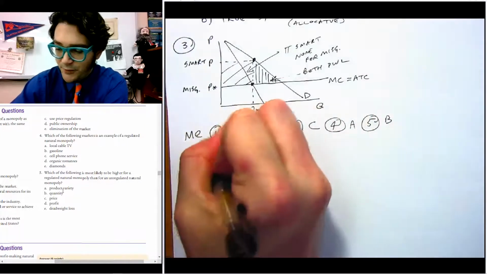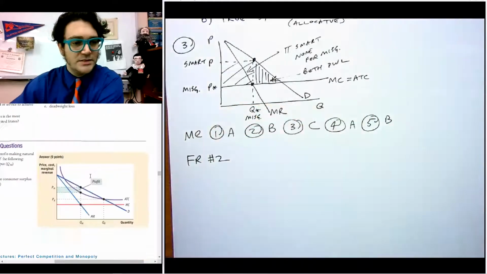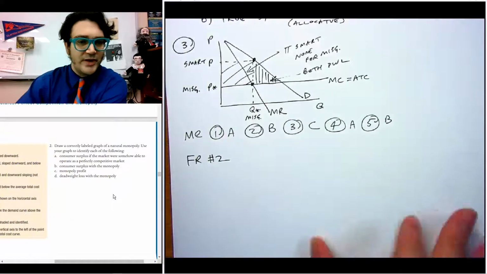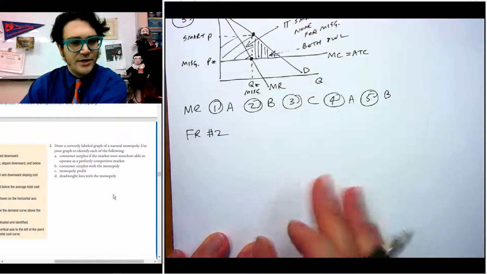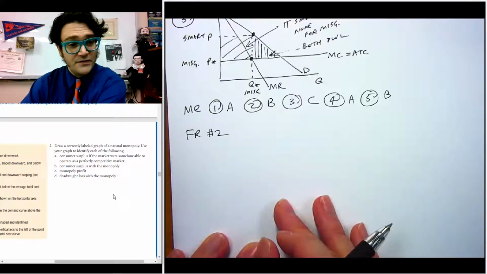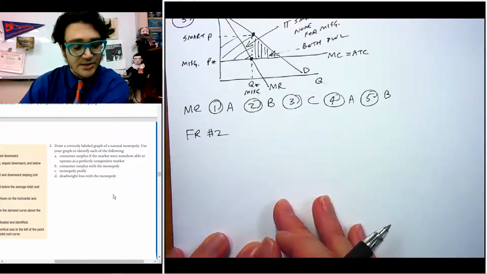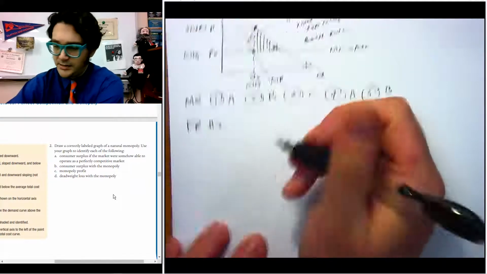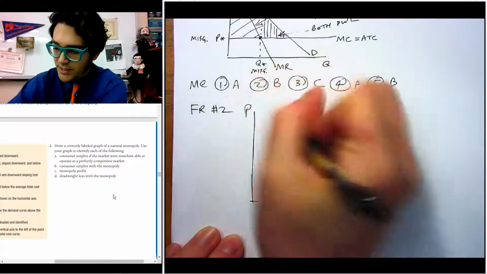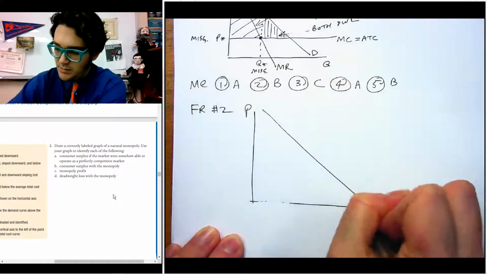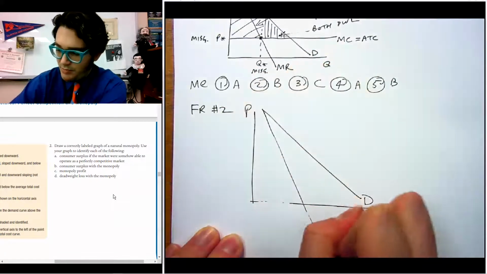Okay, and our last problem, free response number 2. Draw a correctly labeled graph of a natural monopoly, and then identify each of the following: surplus if the market were able to operate as perfectly competitive, consumer surplus with the monopoly, monopoly profit, and deadweight loss. Okay. Quantity, price, downward sloping demand, marginal revenue.